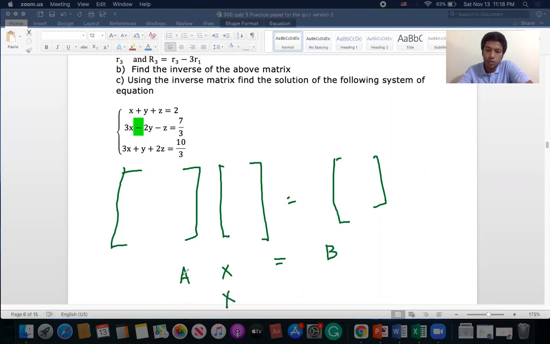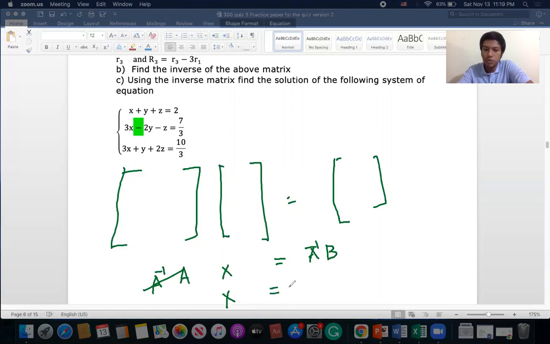Then x equals to, moving this a from this side to that side, we multiply by a inverse, so that this and this cancel out, and we have to multiply by a inverse on this side also. Now you can say, sir, why don't you put a inverse here? The reason is that matrix multiplication is very sensitive. If you put a inverse at first, you have to put a inverse at first on the right side also, so this and this get cancelled out.